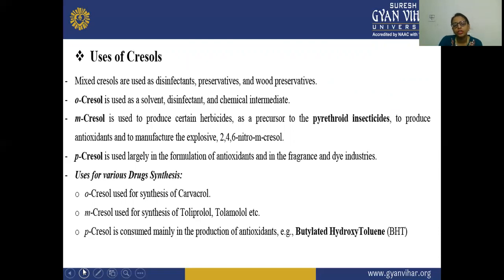And in various drug synthesis also, this cresol is used. Orthocresol is used for the synthesis of carbacarol, and meta is used for toliprolol, tolamolol, and paracresol is used in the production of the antioxidant BHT, that is butylated hydroxytoluene.